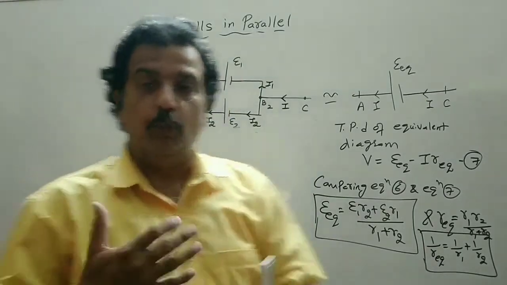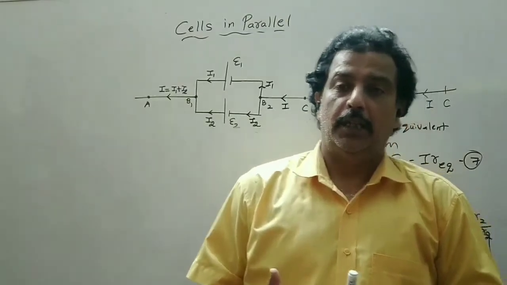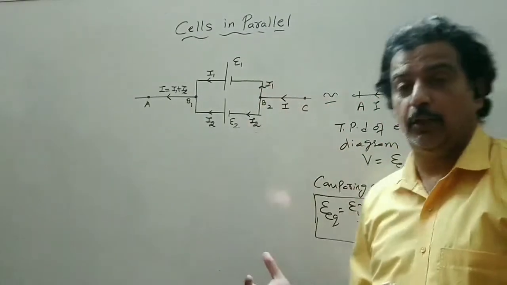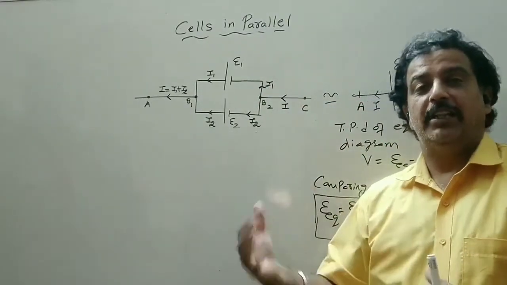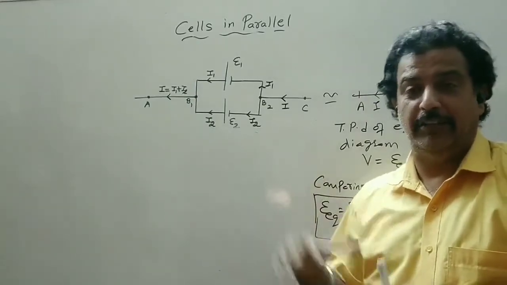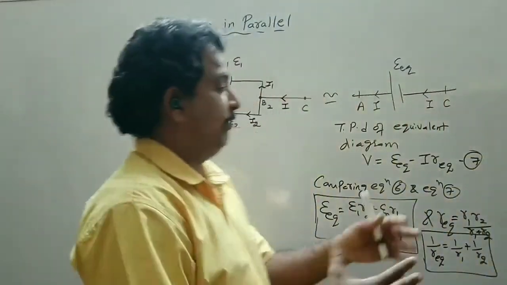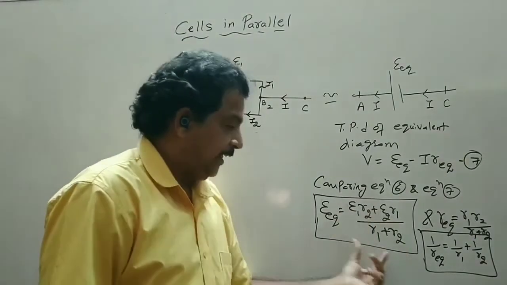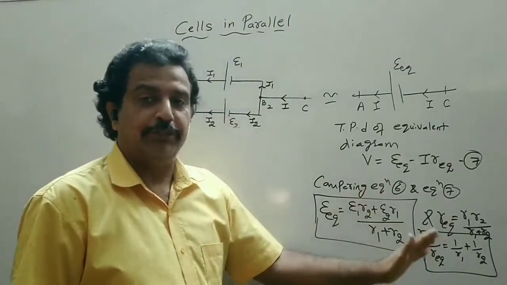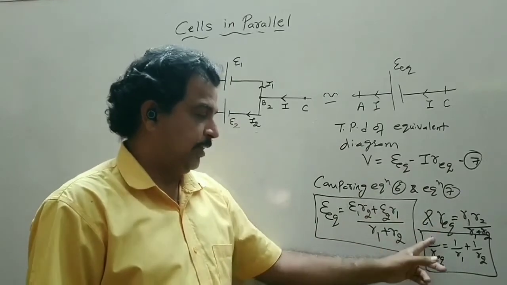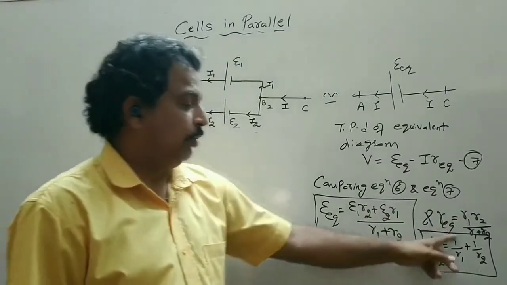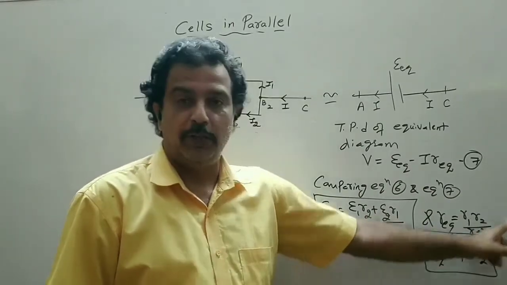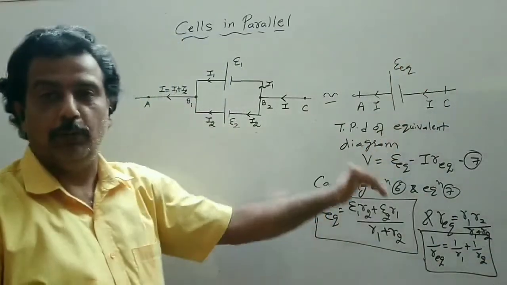Now if we have more than two cells connected in parallel combination, then to analyze it we have a law which is referred to as Kirchhoff's law. Instead of writing E equivalent for n number of cells, this can easily be written as 1 upon R1 plus 1 upon R2 plus 1 upon R3 and so on up to 1 upon Rn.